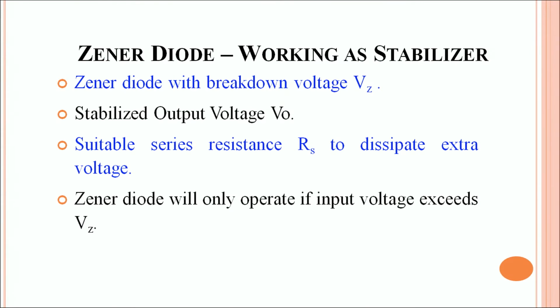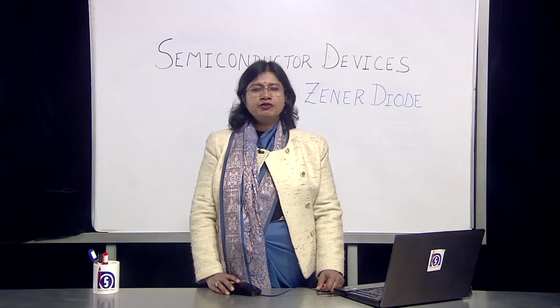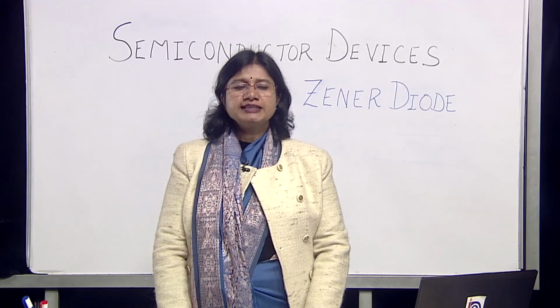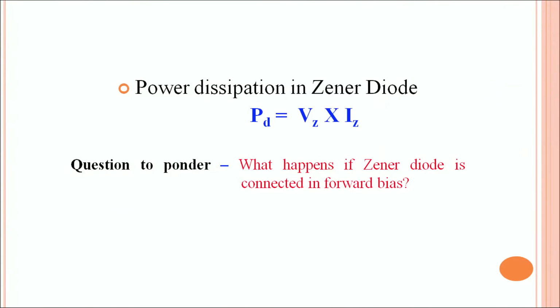Thus, this Zener diode will only operate when the input voltage exceeds Vz. We have already seen that in the region where the breakdown is not attained, the Zener diode acts like an ordinary diode. The power dissipation of the Zener diode is given as the breakdown voltage multiplied by the current. Now, an important question to ponder is, what happens if the Zener diode is connected in the forward bias?